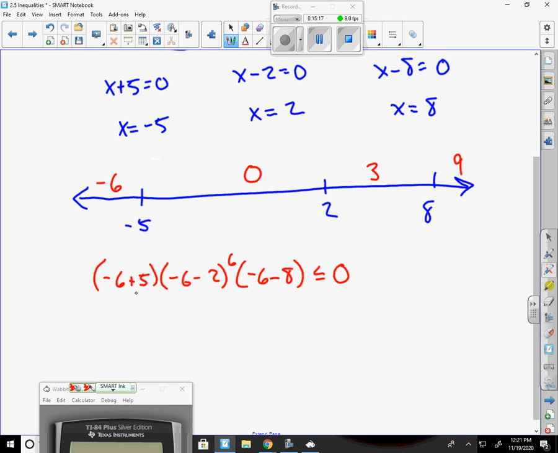If I test negative 6 out, negative 6 plus 5 is negative 1. Negative 6 minus 2 is negative 8 to the 6th power. And then negative 6 minus 8 gives me negative 14.